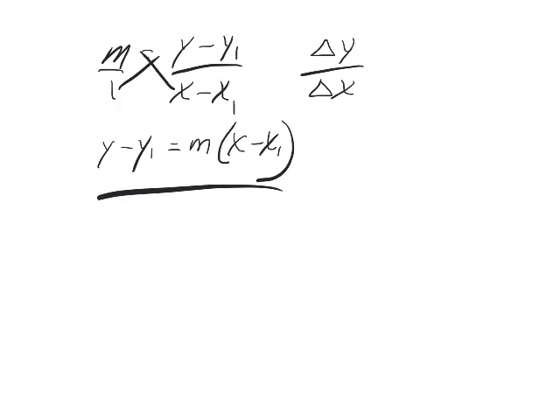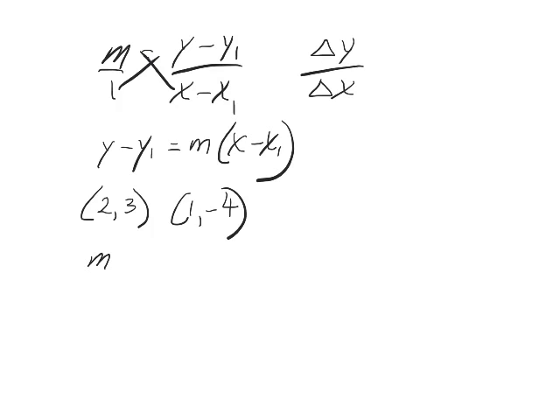Okay, so if, for example, we have a point 2, 3, and we also have a point 1, negative 4, and the instructions say find an equation of that line. Okay, well first we're going to determine the slope. And I know that my slope is one y minus the other y over one x minus the other x. So that'll give me the slope.